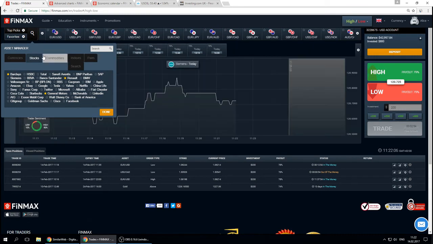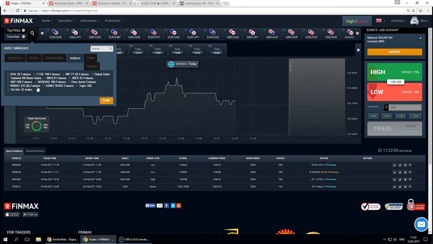So we see here stocks. Also the indices.